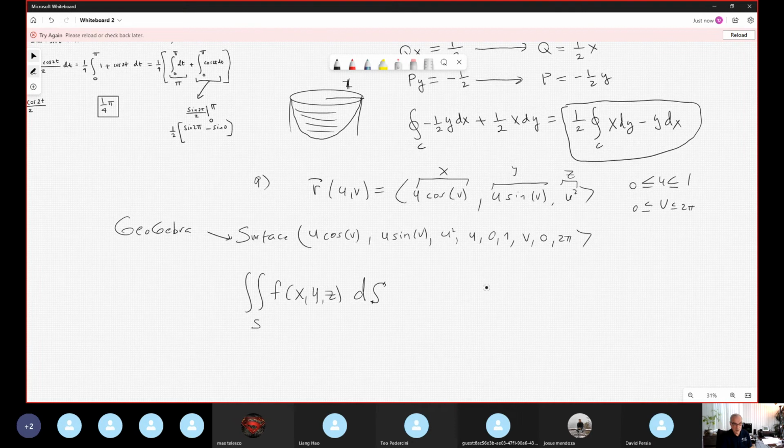I want the surface area. What about the integrand function? What integrand function do you suppose? Because the problem doesn't give me a vector field. No vector field, so it's not a flux integral. It's surface area. So what is the integrand function, guys? Can you assume? 1. Excellent, 1.